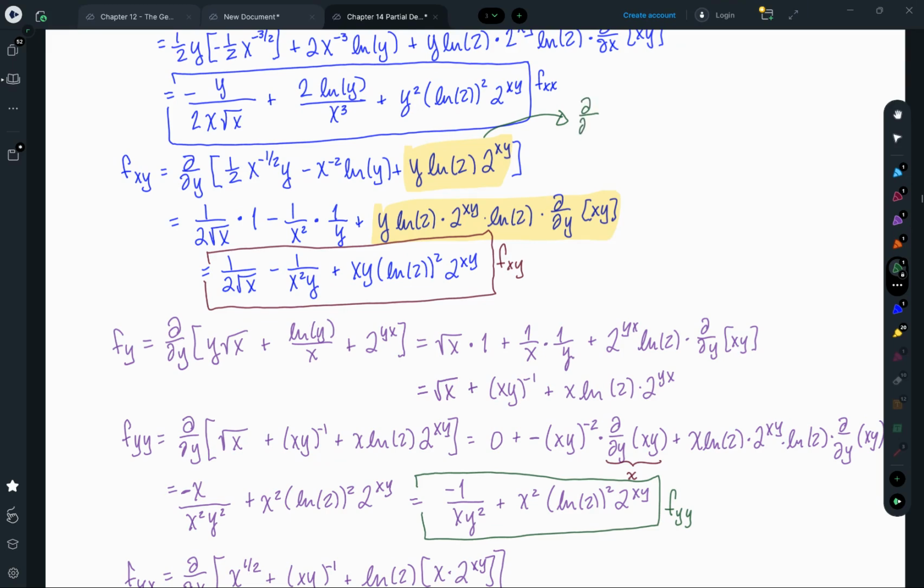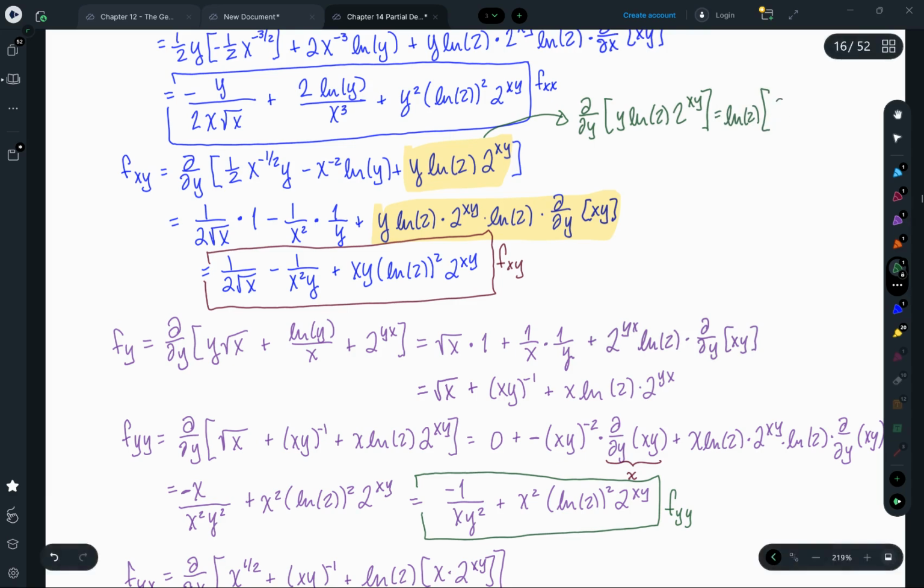Del y of y ln of 2 to the xy. I have a product rule, so I can pull the ln of 2 out and focus on del y of y 2 to the xy.